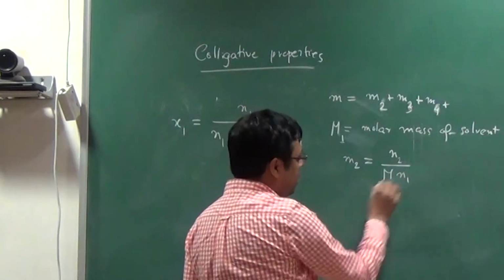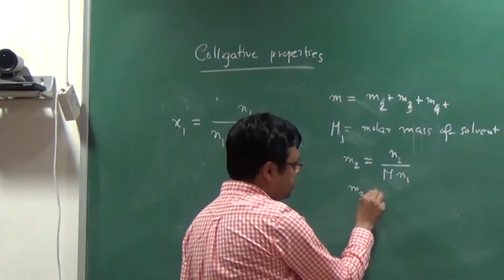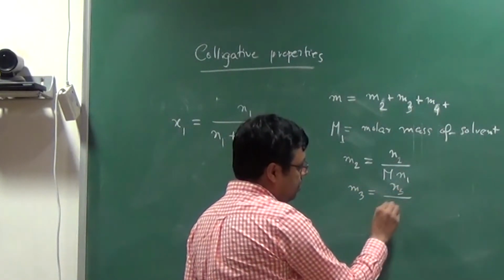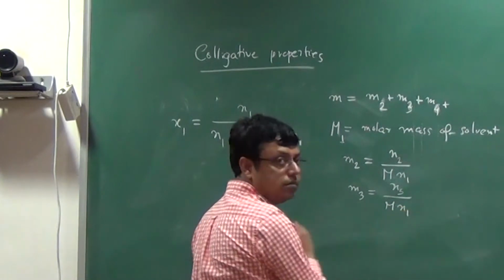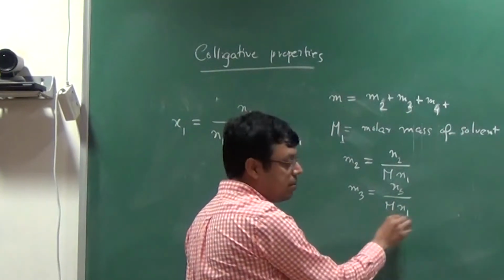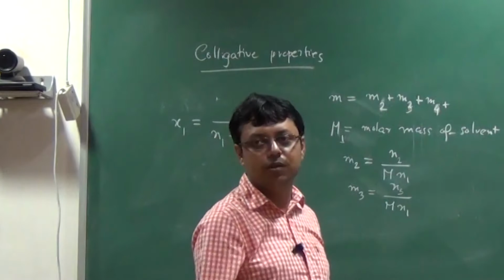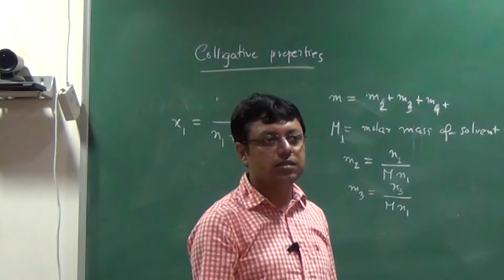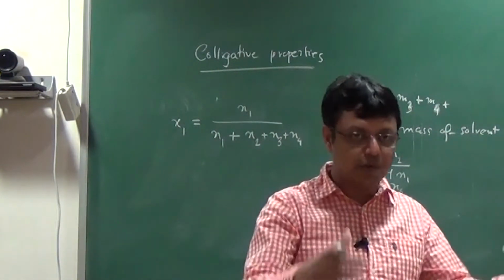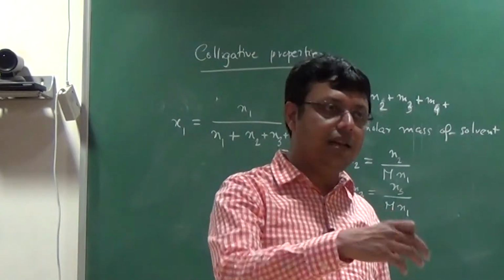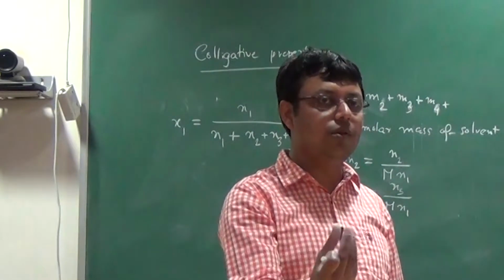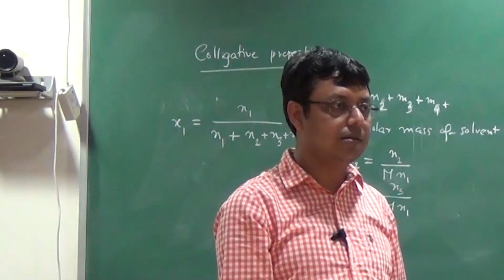Similarly, I can write N3 also like this, N3 divided by M1 N1. Here, this part is the same because I am actually scaling it with respect to the solvent. Because that's how you do the experiment. You have a fixed amount of solvent, and then you add this much amount of solute, something like that.